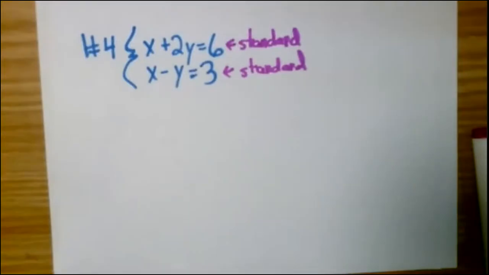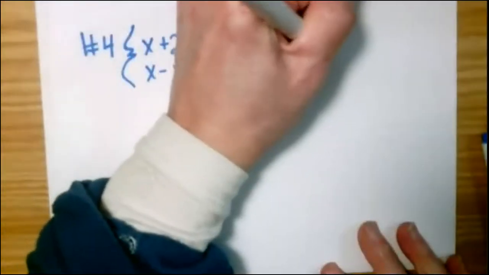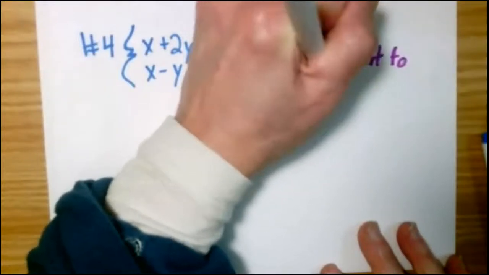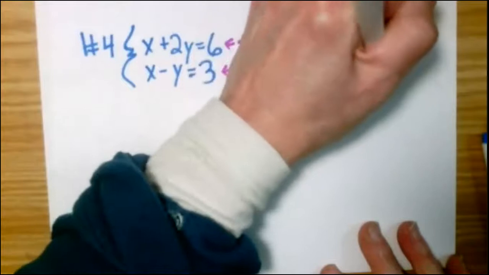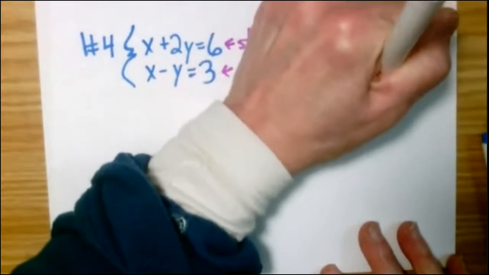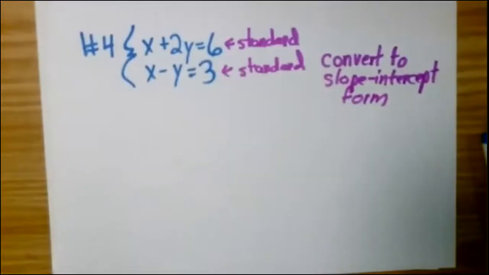So that's the one I'm going to convert into slope-intercept form. Okay, we did a little bit of that, I think, in the last video or two. So let's convert this.